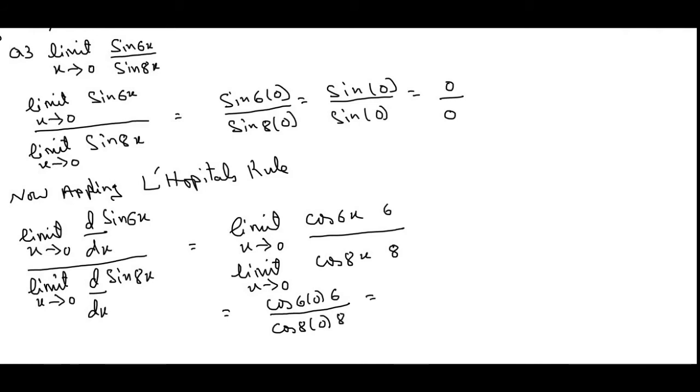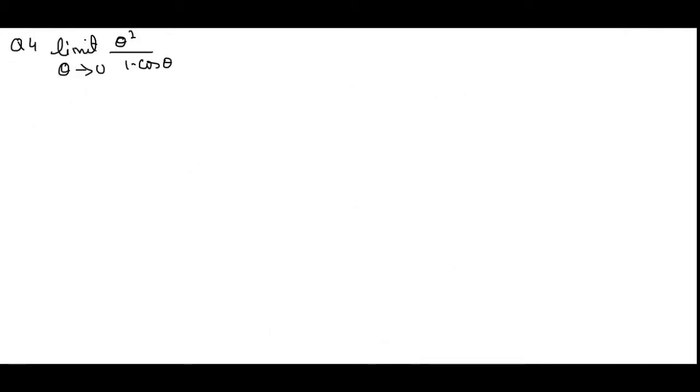For the simplification, we have cos 0, this is 6, whole divided by cos 0 with 8, and we have cos 0 is 1, divided by 6, again 1 divided by 8. So we have 6 by 8, and on further simplification we have 3 by 4.